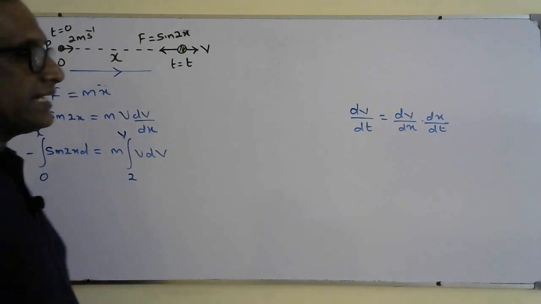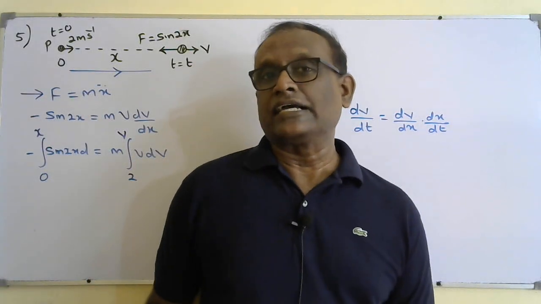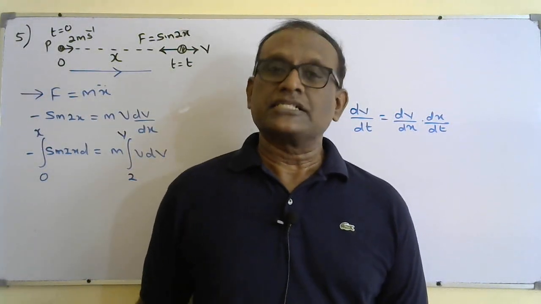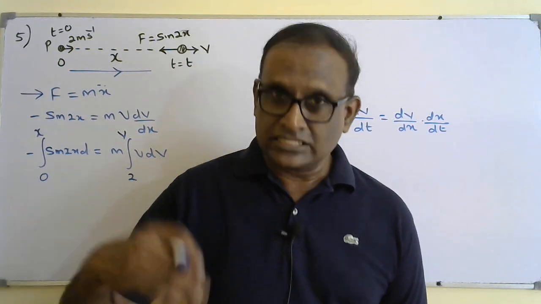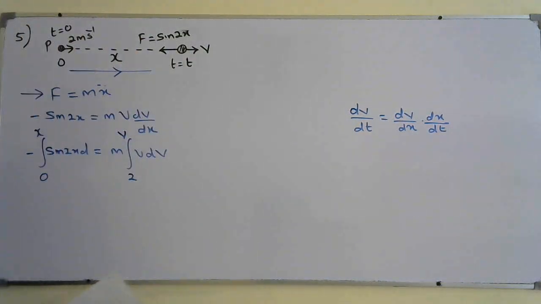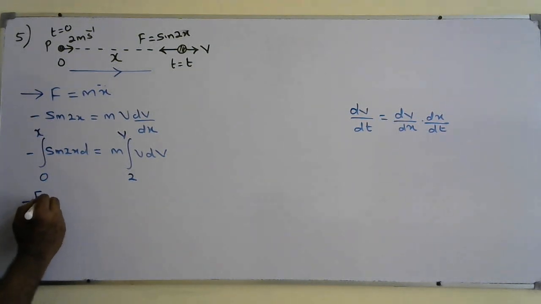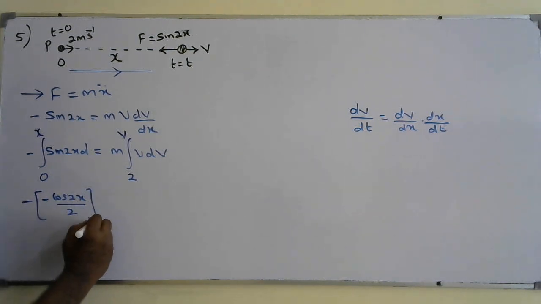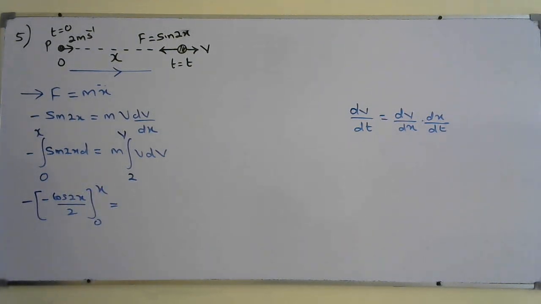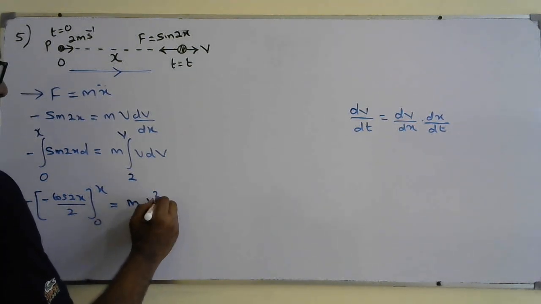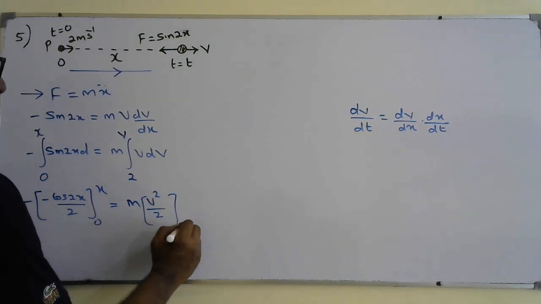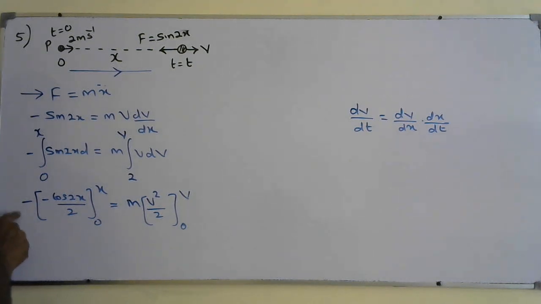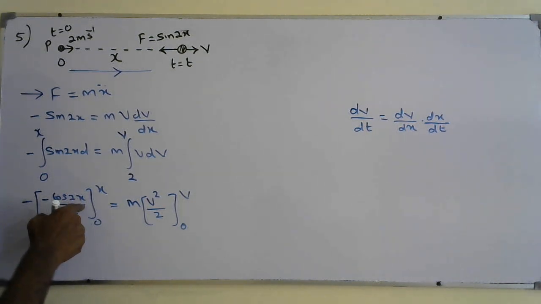Okay, so when we integrate sine x, it becomes minus cos x. Sine 2x means minus cos 2x by 2. So when we integrate it, this minus is there, minus cos 2x by 2. The limit will be 0 to x. That is equal to m v squared by 2, 0 to v. So minus minus will get cancelled. The limit will be x.